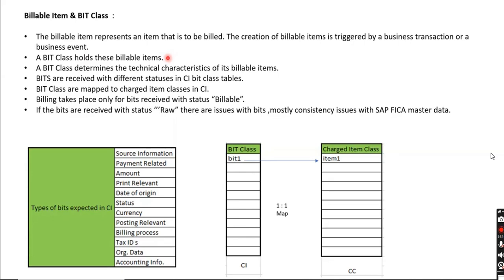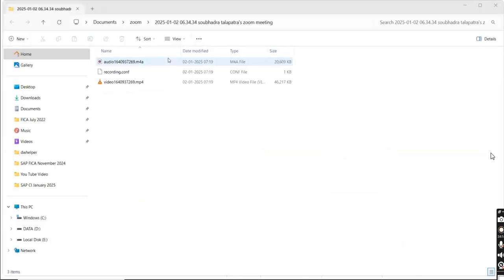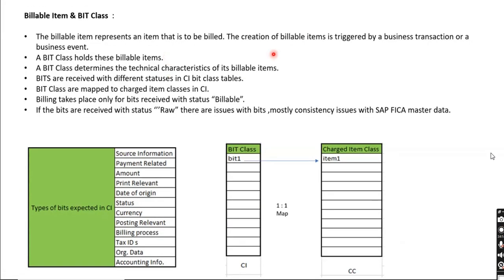For example, I create a billable item class for prepaid customers. I create another billable item class for postpaid customers. I create another bit class for partners. For different billable items, I want to group them under different classes. That is called a bit class. A bit class holds these billable items.